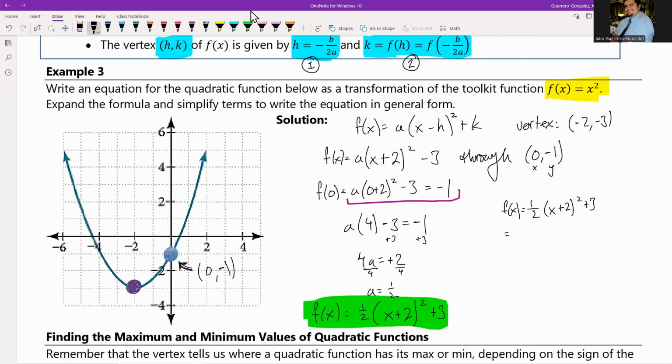Okay, so I'm going to distribute this out, and I'm going to show you guys something. 1/2 x squared plus 4x plus 4 plus 3. So what I did here is this blue, I expanded it out, and I got this. Equal to 1/2 x squared plus 2x plus 2 plus 3.